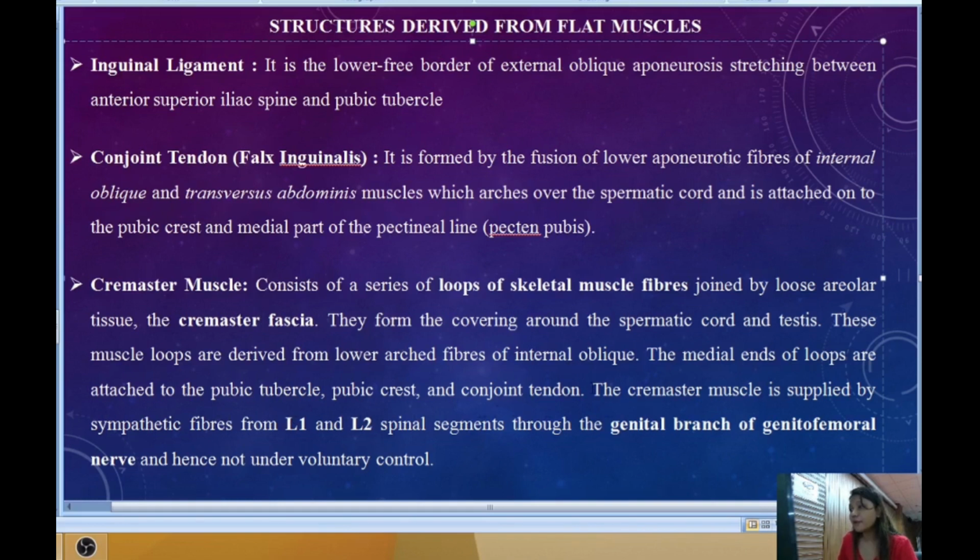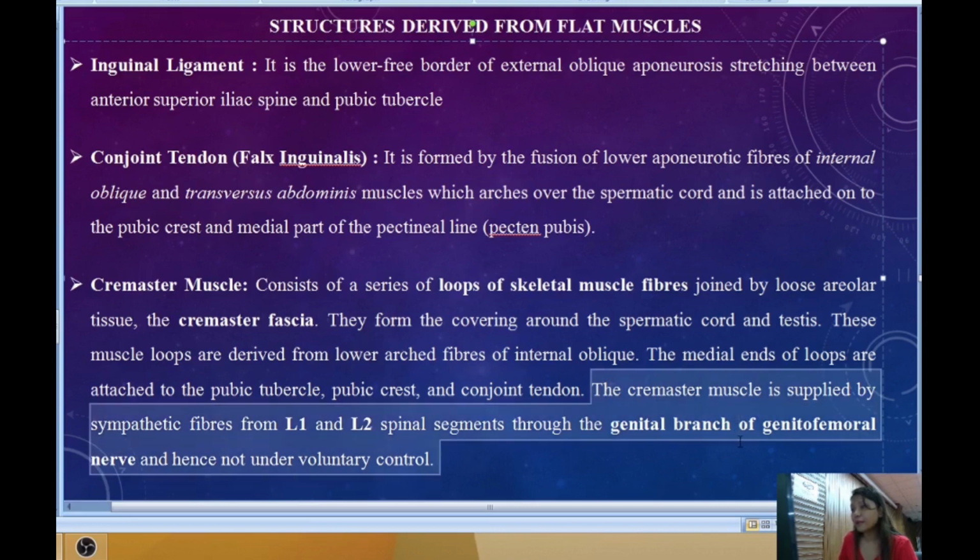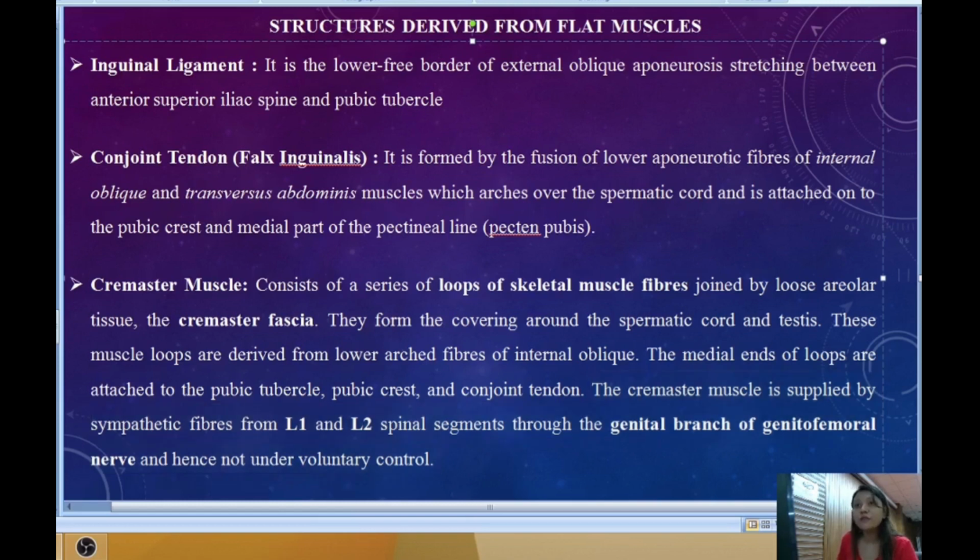Important: the cremaster muscle is supplied by the sympathetic fibers of L1 and L2 spinal segments through the genital branch of genitofemoral nerve, and it is not under voluntary control. So you can't control the reflex yourself. It is involuntary.